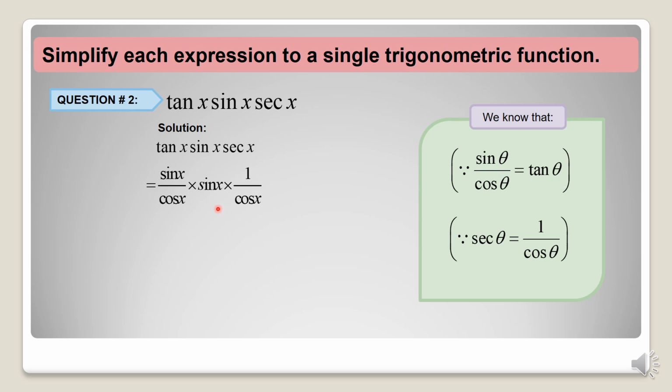Sin x over cos x into sin x into 1 over cos x. Sin square x will be in the numerator, and cos square x in the denominator. So when we write it as the whole square of sin x over cos x, it will be equal to tan square x. So as we have solved, sin x, tan x, secant x as a product gives us tan square x.